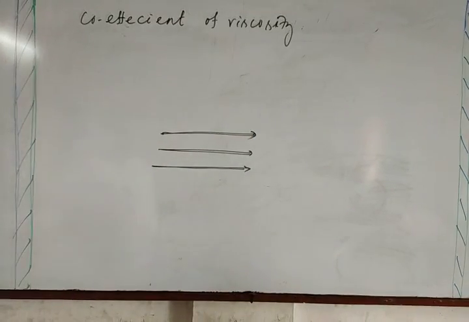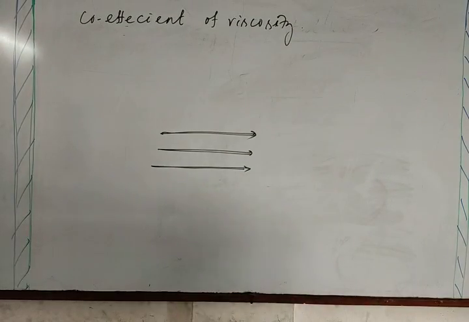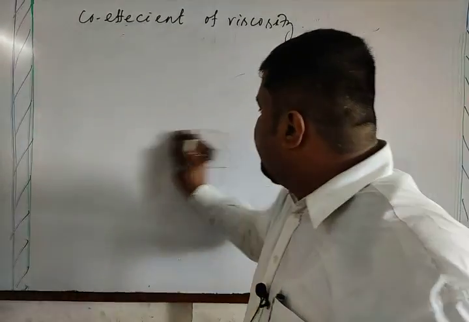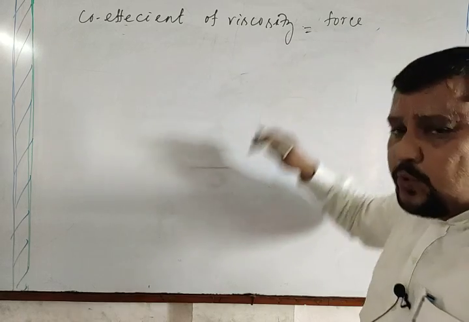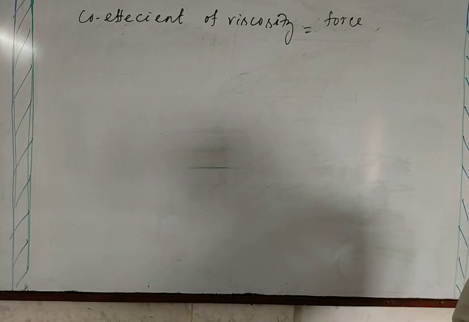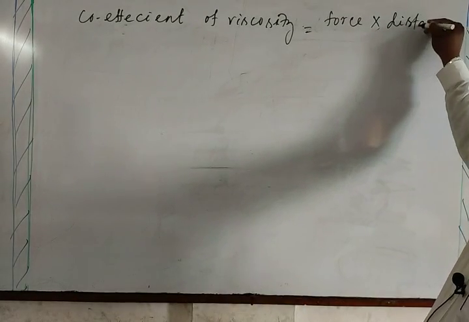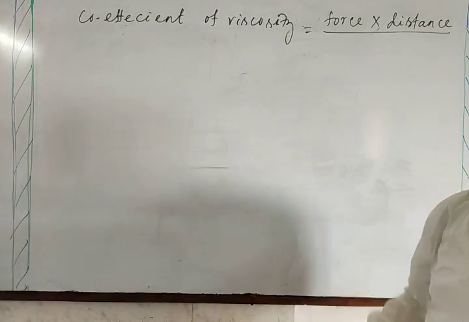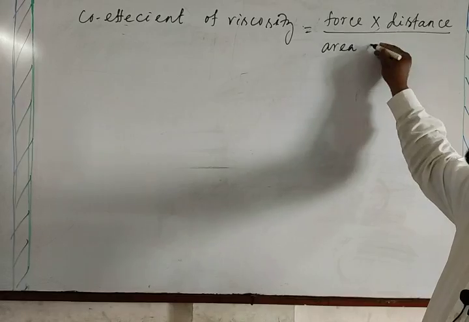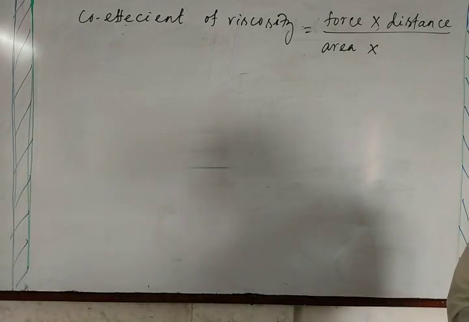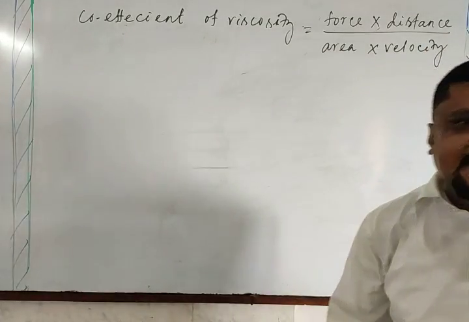Okay? So this coefficient of friction, the coefficient of viscosity, depends on parameters like the force between the two layers, and the distance between the two layers, divided by the area of the liquid layer, and another one is the velocity, or the change in velocity of the liquid.